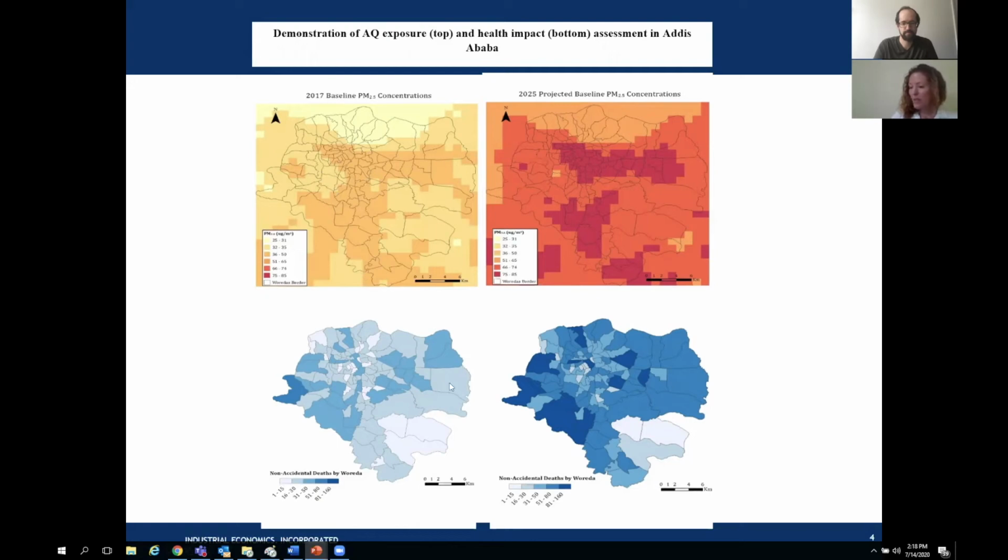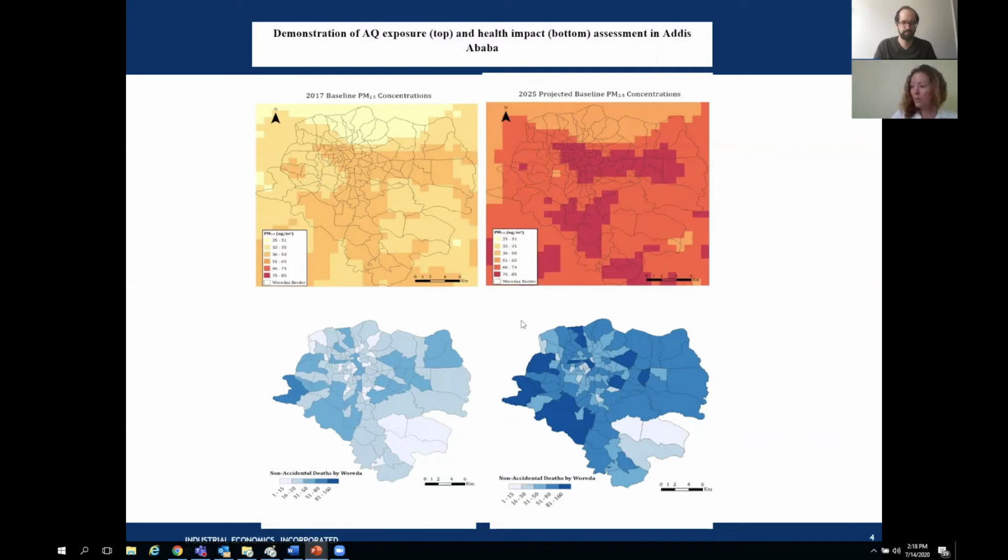We were able to use that information in conjunction with local health data collected by the Addis Ababa City Health Bureau and local population data to understand the count of non-accidental deaths by woreda associated with the current air quality burden.